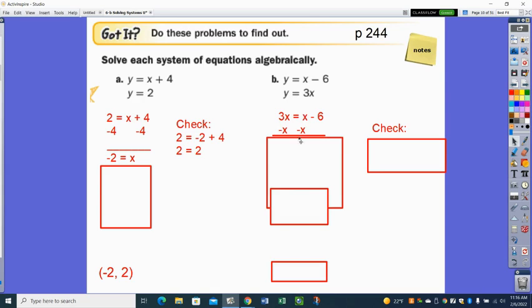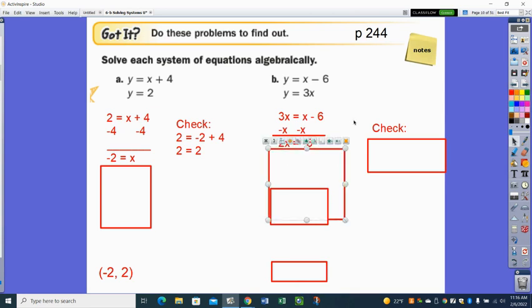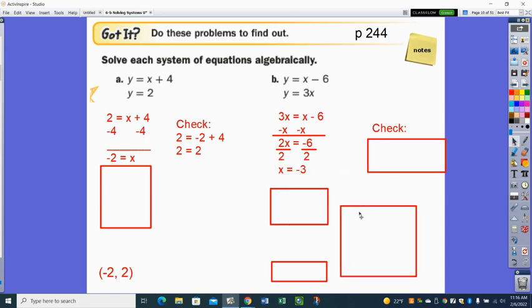I'm going to get a zero pair, 0 minus 6 on the right, and I end up with 2x equals negative 6. Now I'm going to undo multiplying by 2, which is to divide by 2, and I get x equals negative 3. So if I was to graph these two lines, where they intersect, we'll have an x coordinate of negative 3, but where's the y coordinate?